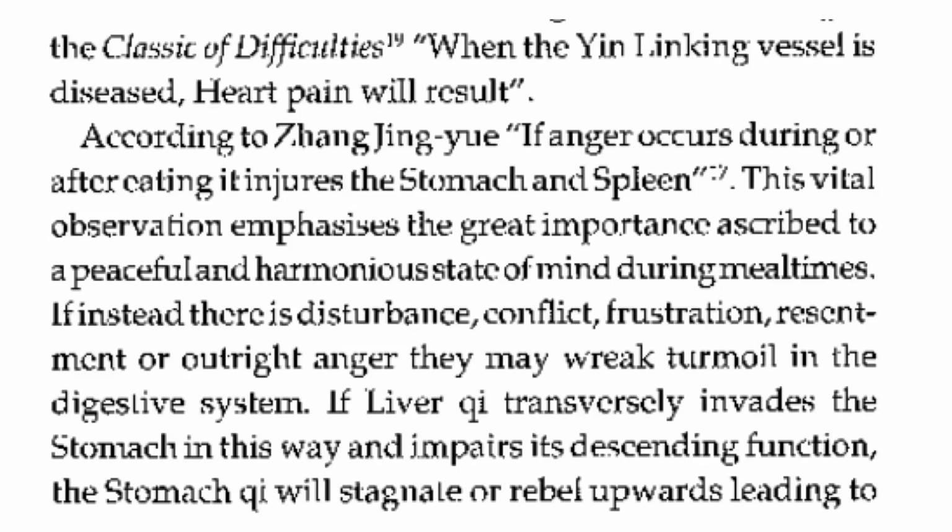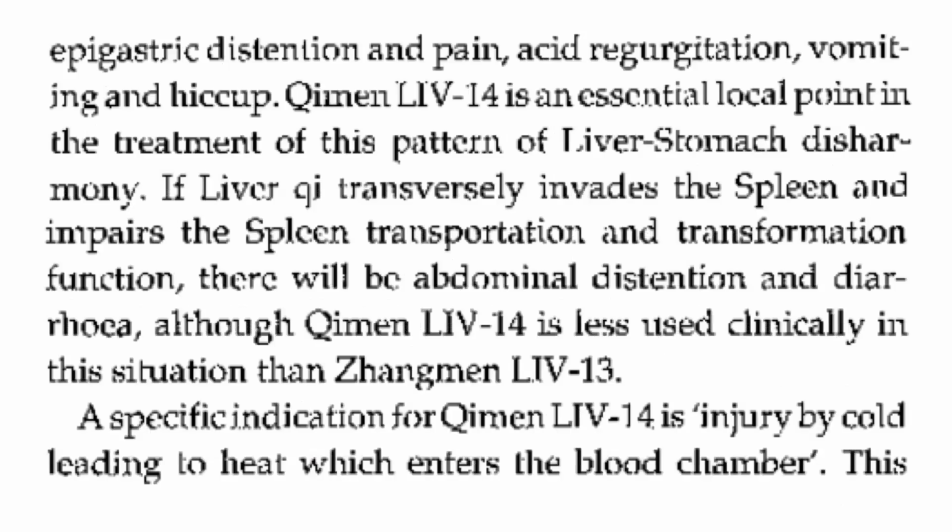If liver qi transversely invades the stomach in this way and impairs its descending function, the stomach qi will stagnate or rebel upwards, leading to epigastric distension and pain, acid regurgitation, vomiting, and hiccup.